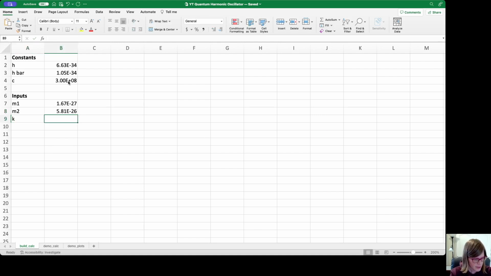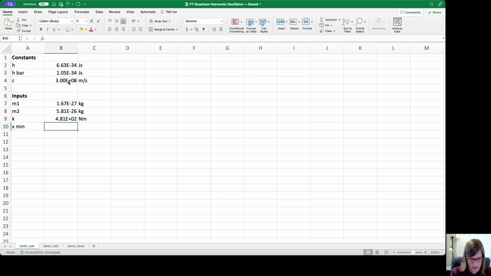K is going to be the spring constant, and I also found this on the HyperPhysics site, which is 481 Newton meters. Let me go ahead and put some units in here: kg, Newton meters, joule seconds, meters per second.